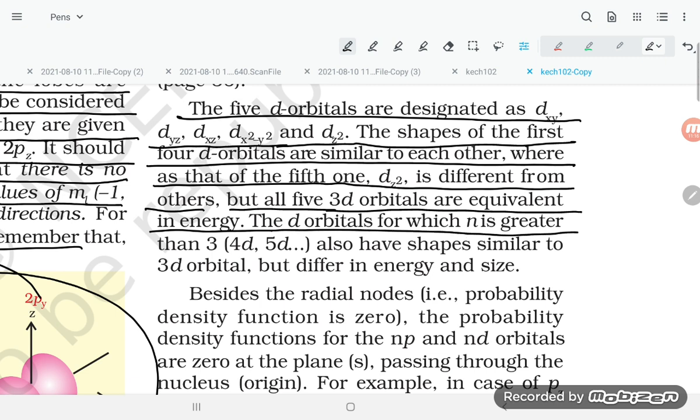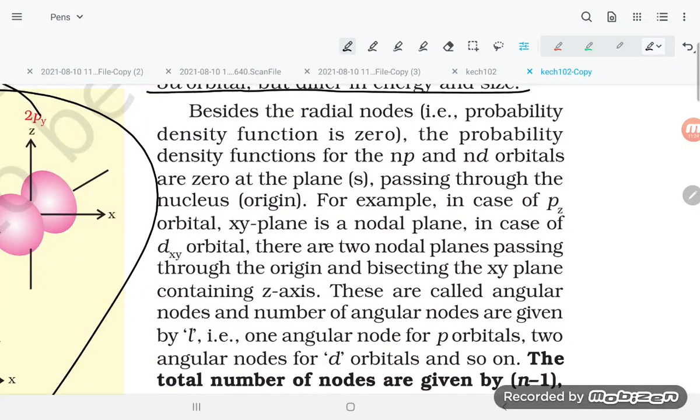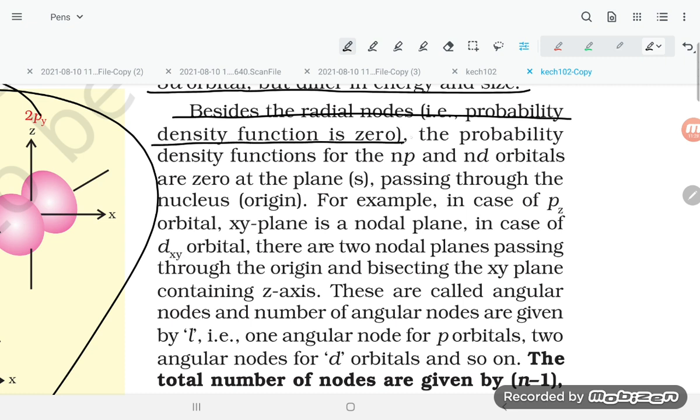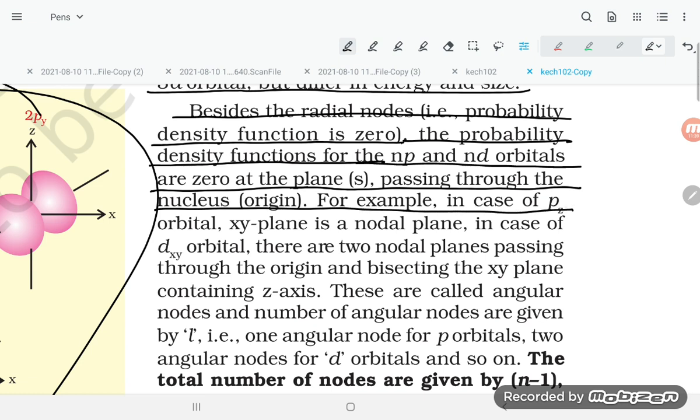The d orbitals for which n is greater than 3 also have shapes similar to the 3d but differ in energy and size. Besides the radial nodes, the probability density function for np and nd orbitals is 0 at the planes passing through the nucleus. For example, in case of pz orbital, the xy plane is a nodal plane.